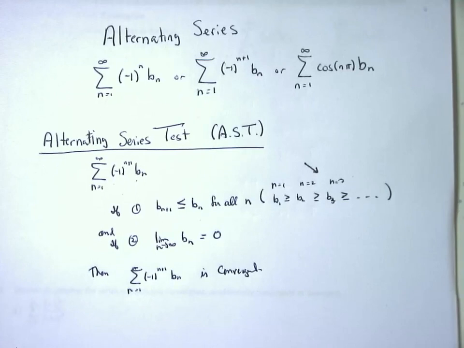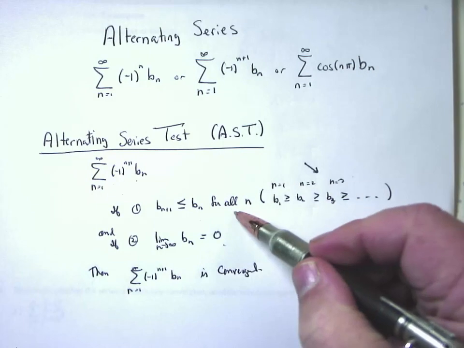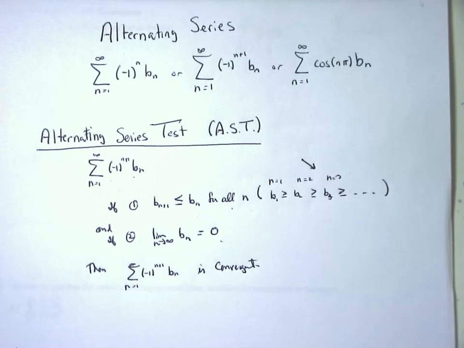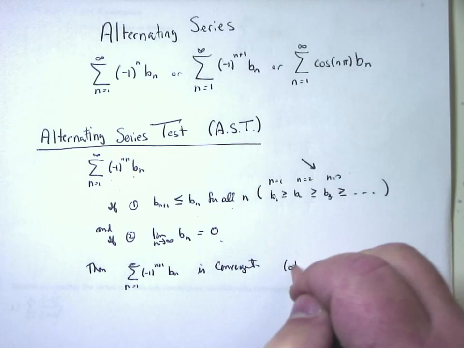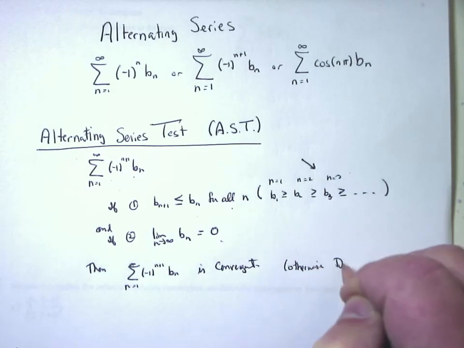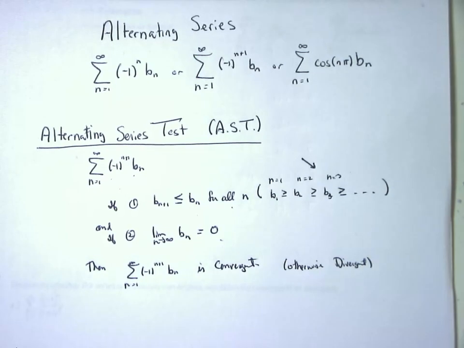If any aspect of this fails, if it doesn't go to 0 or the terms don't go down, they actually go up, they increase instead, then the series is going to diverge. So we would say otherwise it's divergent. This is your alternating series test for an alternating series.